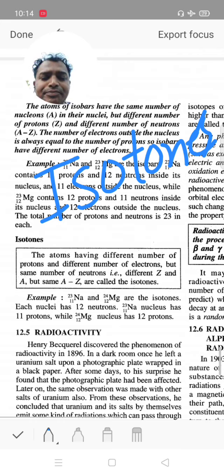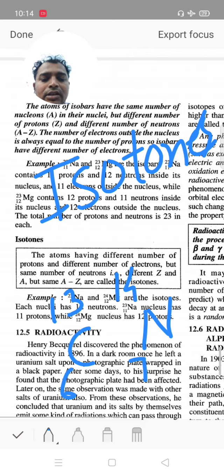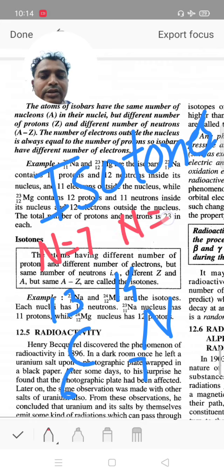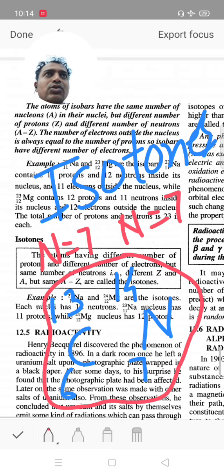For example, carbon 6 and nitrogen 7: carbon-13 and nitrogen-14. Now we calculate the number of neutrons. Carbon-13 has 7 neutrons and nitrogen-14 also contains 7 neutrons. So both are examples of isotone. Isotones have the same number of neutrons.